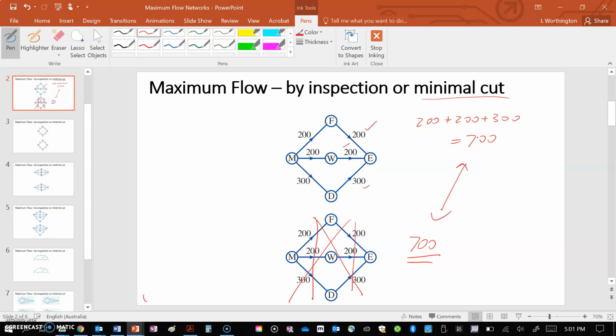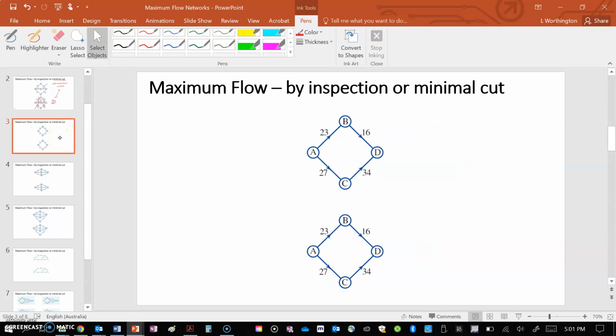Let's have a look at that in a different network, for example, this one. With this one, the maximum that can travel along this edge is 23, but 16 on here. Now 16 is smaller than 23, so we're going to get all of that. But in this instance we've got 27 coming into here and a capacity for 34, but we can't meet 34 because we only have 27 coming in.